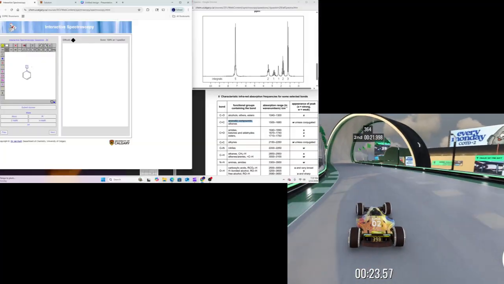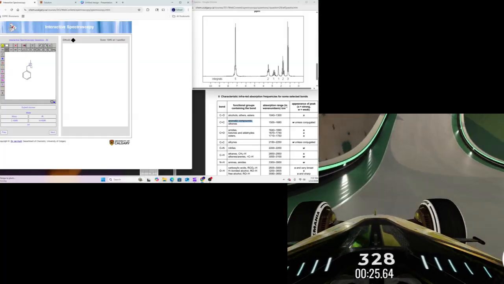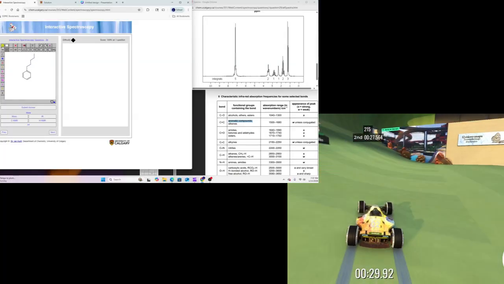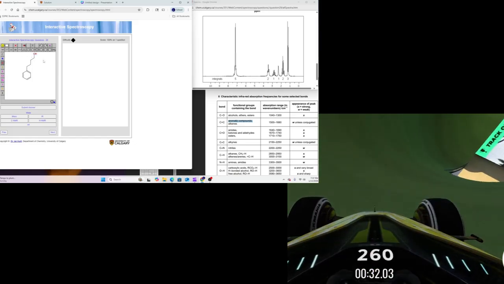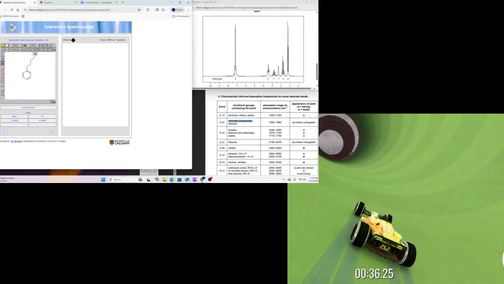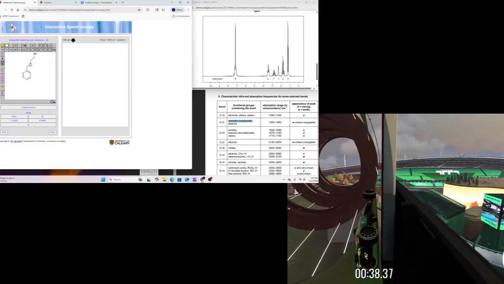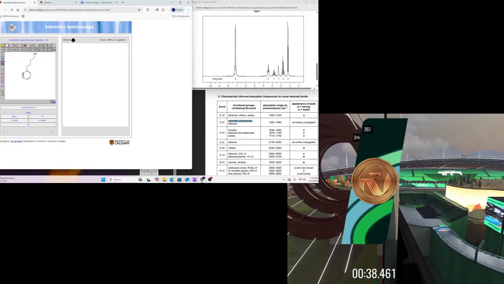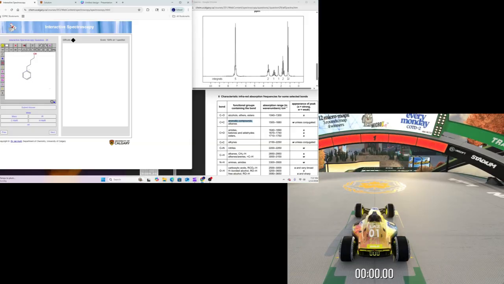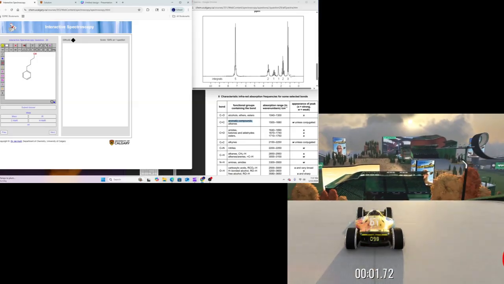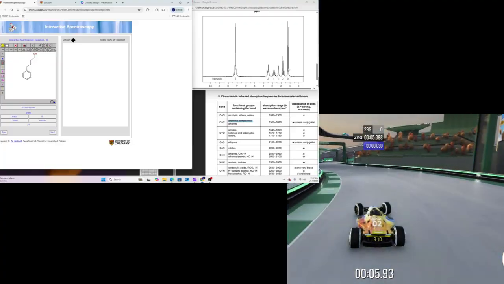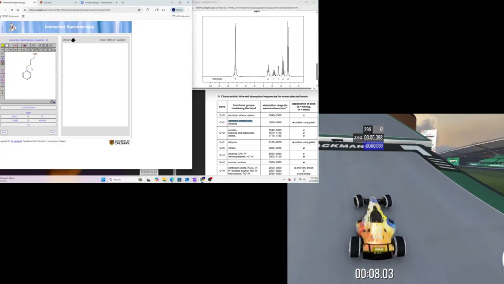Okay? Now, I only have 4 carbons to draw. So I've drawn 1, 2, 3, 4, 5. Okay? And then I'm going to add this OH. And now, when I do this, I'm going to see that I have 1, 2, 3, 4, 5, and 6 different zones. But I want to specifically note that this 3 here is kind of representing a zone where it's pretty far away from the OH.